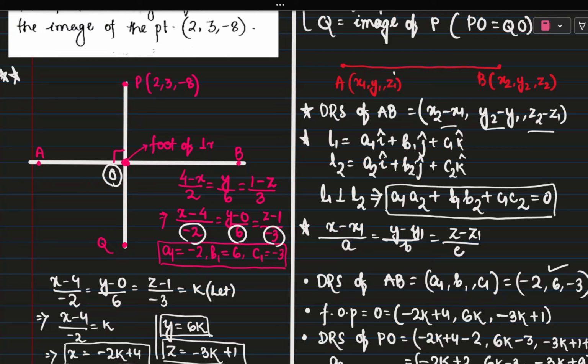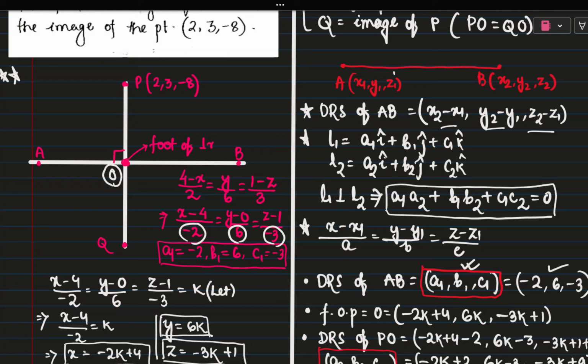Let this direction ratio be A2, B2, C2 for PO. Already we got A1, B1, C1 for AB. Now as the two lines are perpendicular, the dot product of these two direction ratios will be 0.